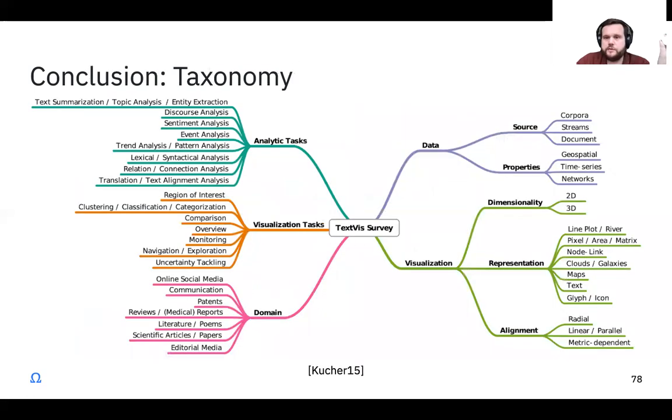So to conclude, this is the overall taxonomy that we have followed in the lecture. We have gone over all the branches. We have talked about the data. We have gone in great detail over the visualizations that we didn't know from the previous lecture. Domain is very important. Visualization tasks we have discussed as well, and the analytic tasks are additional tasks on top of the classics that are relevant to the text data.